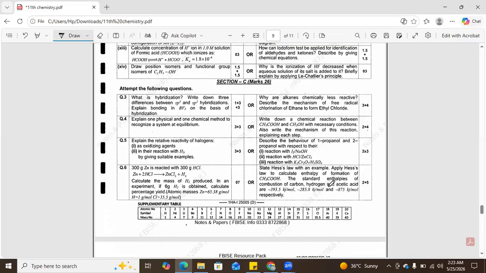The standard enthalpies of combustion of carbon, hydrogen, and acetic acid are these respectively. They have given you the values, and you just have to state the Hess law, and then you have to calculate the enthalpy of formation of this compound.